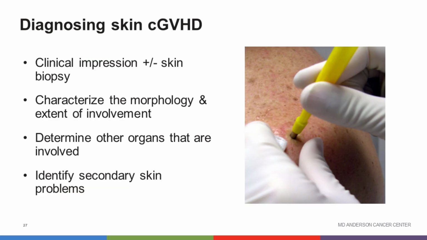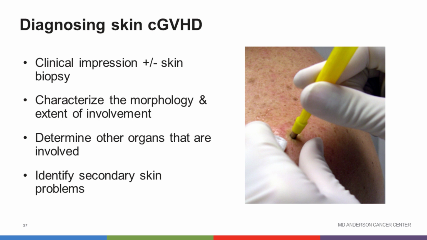Well, let's talk a little bit of how we diagnose skin chronic graft-versus-host disease. I told you that there are some features that are diagnostic. I can look at them and say, in the setting of transplant, of an allogeneic stem cell transplant, this is chronic graft-versus-host disease. There are some findings I showed you that I need to do a skin biopsy to help diagnosis.